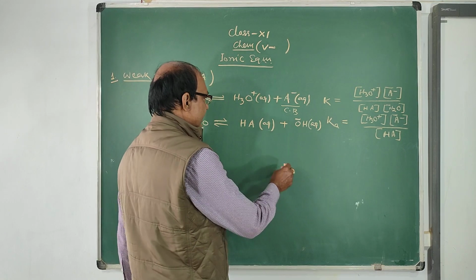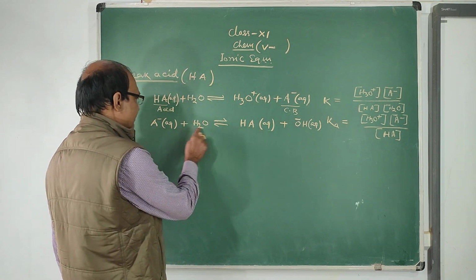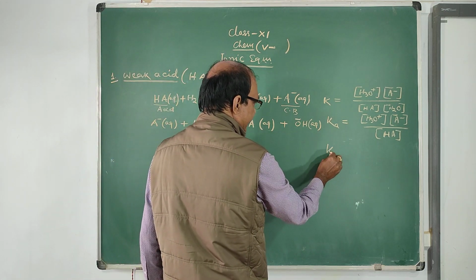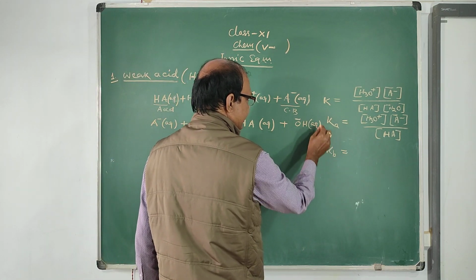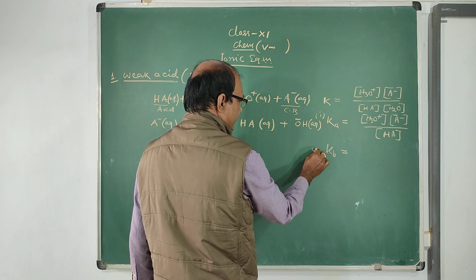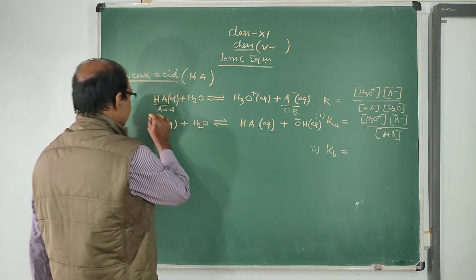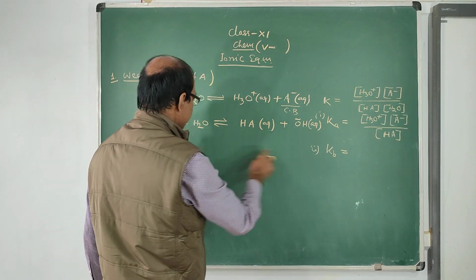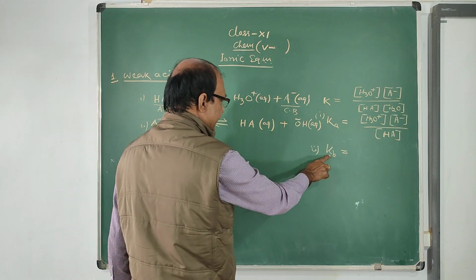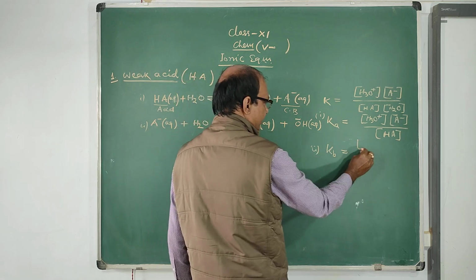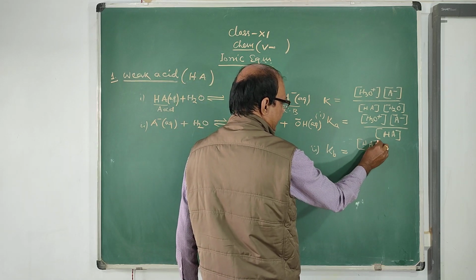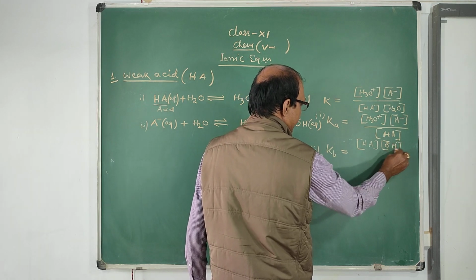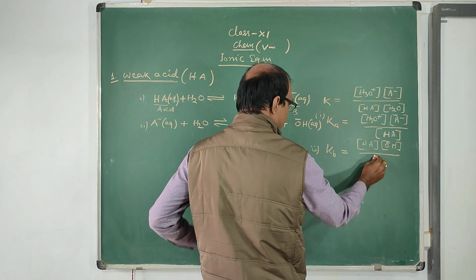Similarly, if you write the base dissociation constant, this is the conjugate base dissociation constant Kb. This is for the first case, this is for the second case. This is the base, so it is denoted by Kb. Kb equals concentration of HA multiplied by concentration of OH minus divided by concentration of A minus.